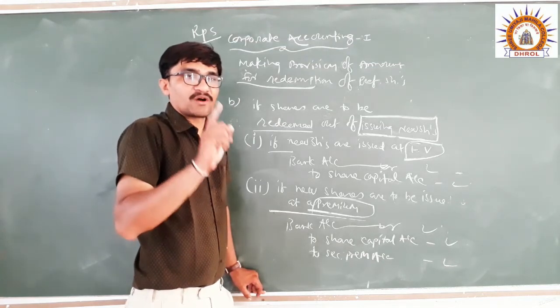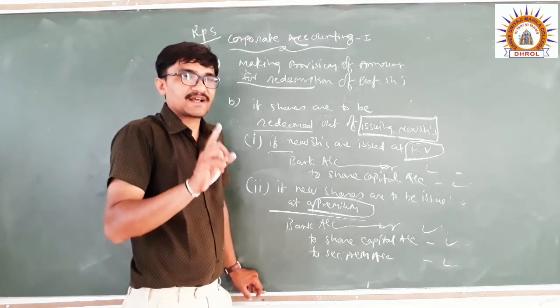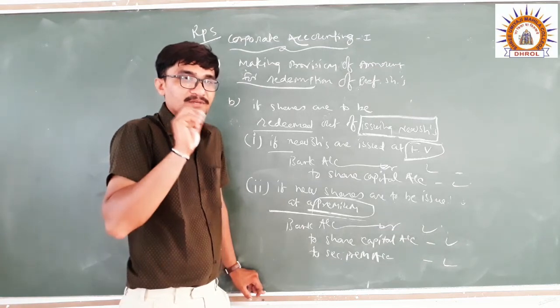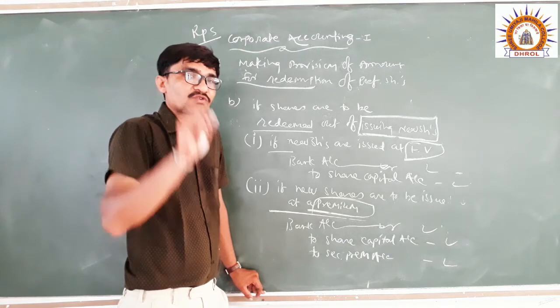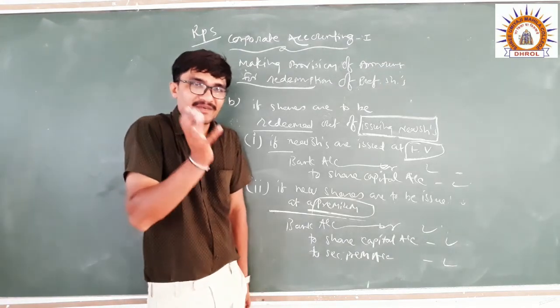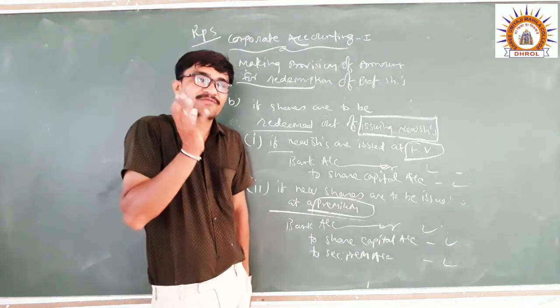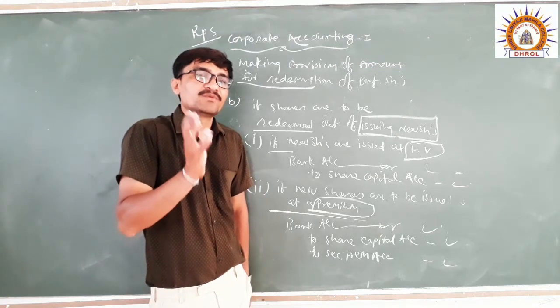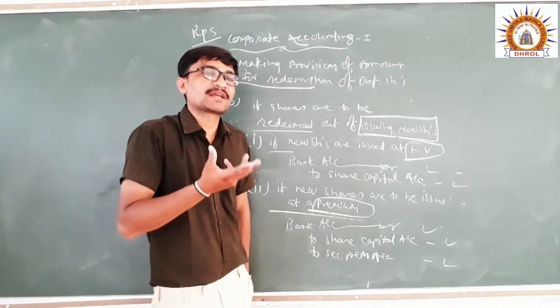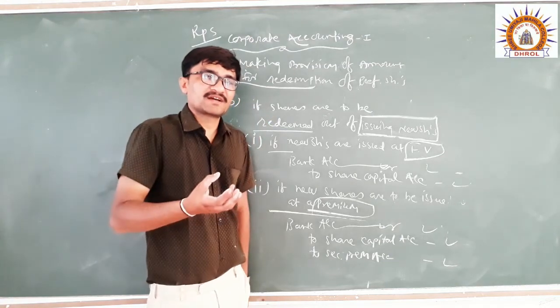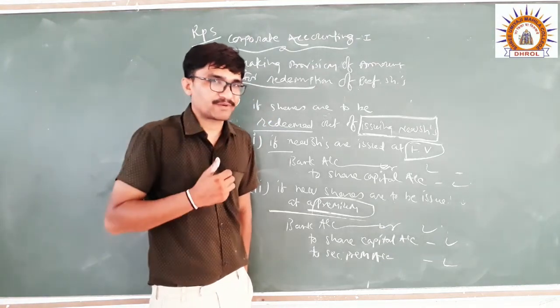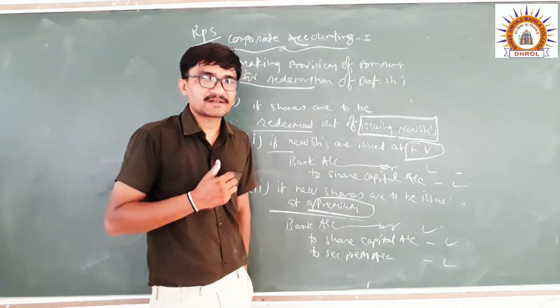The redemption of preference shares is made for the purpose of making payment to preference shareholders. So redeemable preference share capital may be redeemed with a premium, and the total amount is paid to the preference shareholders.